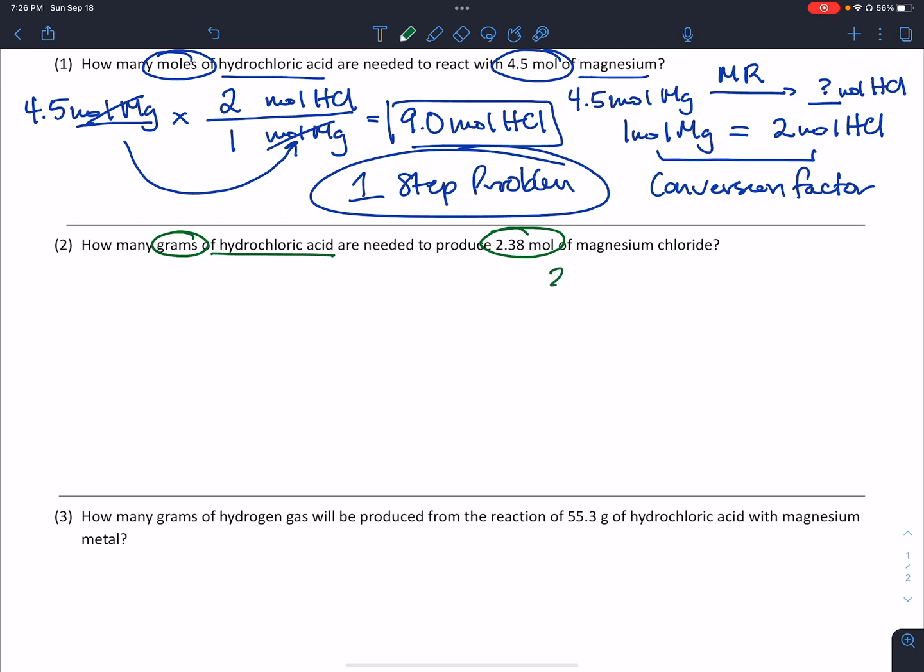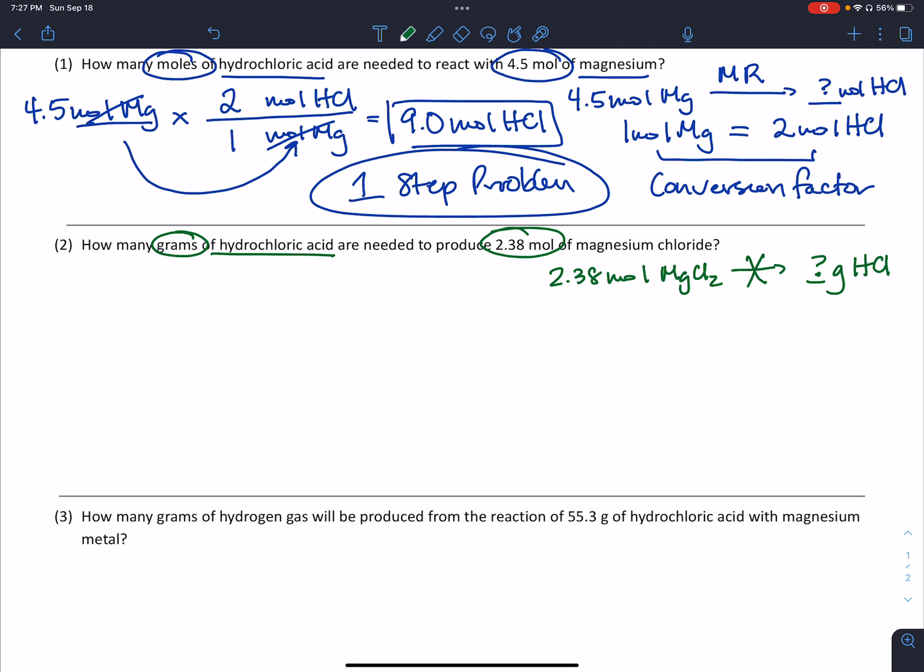Similar to before, I like to write out a plan. So I start with my 2.38 moles of MgCl2, and I'm trying to convert that to grams of hydrochloric acid. I ask myself, is there a way to convert between moles of MgCl2 and grams of hydrochloric acid? And the answer to that is no. I can't use molar mass here because I've got moles of one entity and grams of another.